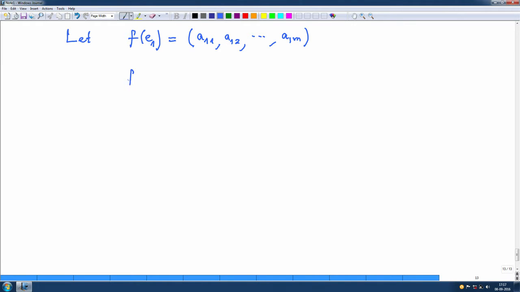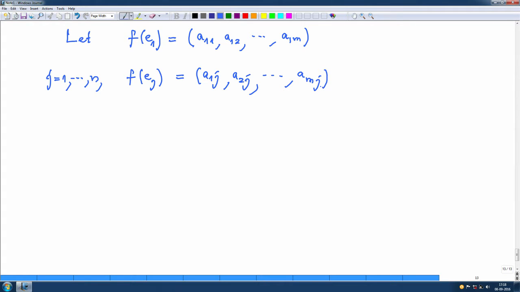So in general, for any j in 1 to n, we have f of ej equal to a1j, a2j, ..., amj.